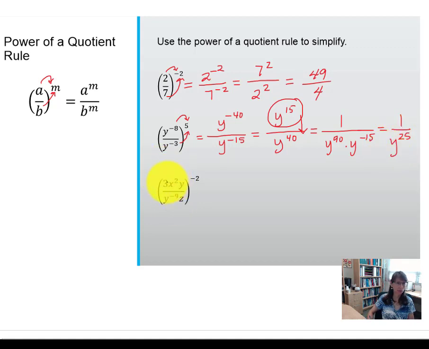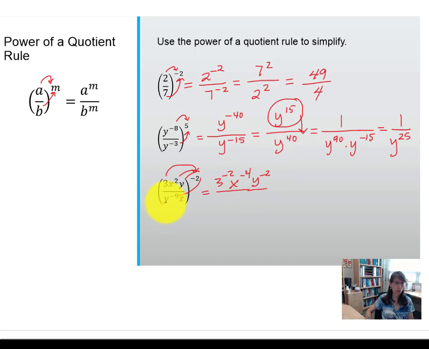In our last example, we have a numerical base, and we've got bases of x, y, and z. So every base, including the numerical base, is going to be raised to the power of negative 2. So I have 3 to the negative 2, x to the minus 4, and y to the minus 2.